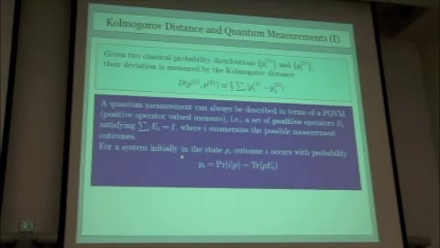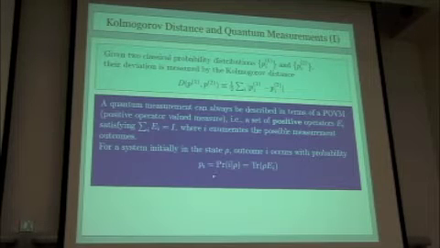All right, how is this related to quantum? Well, again, in a quantum setting, the most general measurement is a POVM, a positive operator valued measure type measurement, which means that you have a set of positive operators, E_i, which satisfy this condition which guarantees trace preservation.